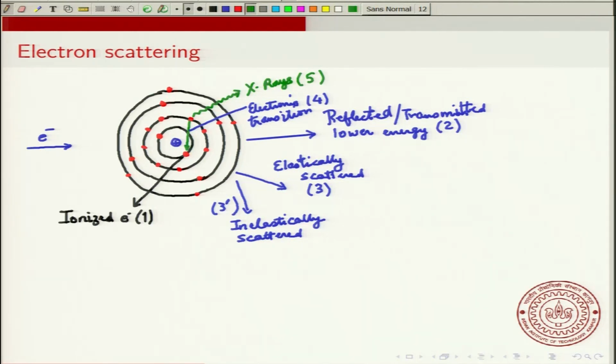As this electron is being ionized, it's possible that there could be what is called secondary ionization, secondary electrons.